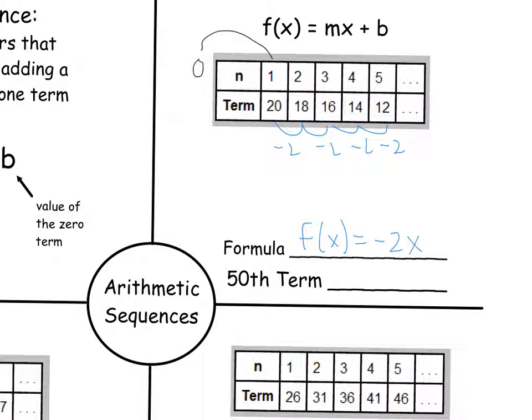So what minus 2 is 20? Well, that would be 22, so 22 would be my b zero term here. So the formula is f of x equals negative 2x plus 22. Then to find the 50th term, I would just plug in 50 for x into my calculator, and I get an output of negative 78 for the 50th term.